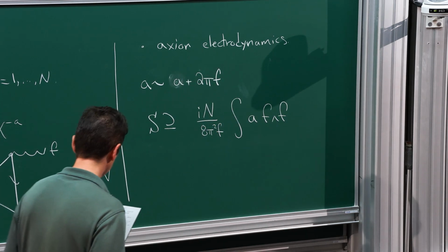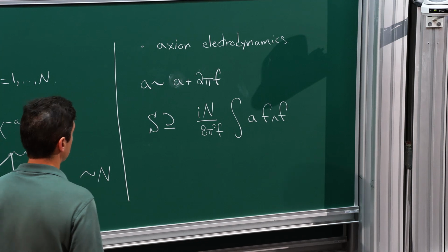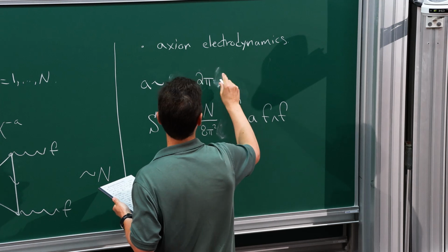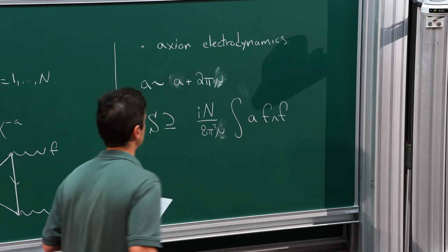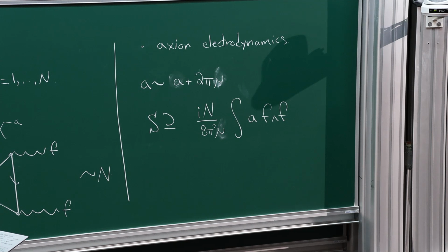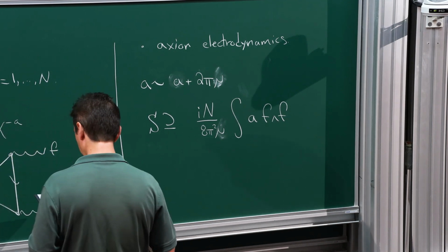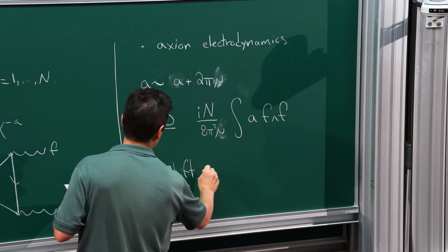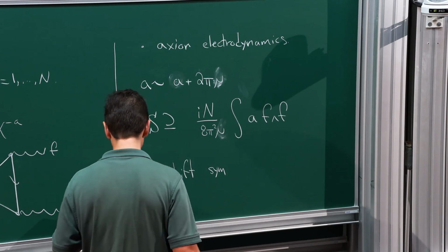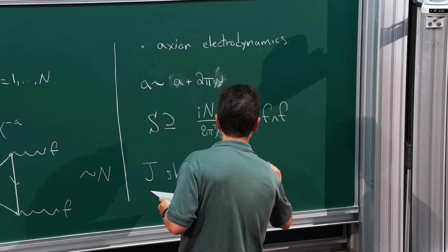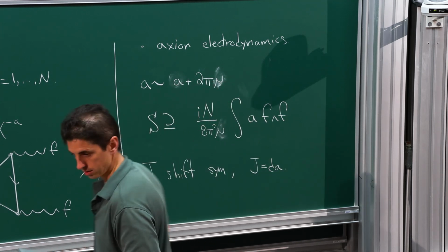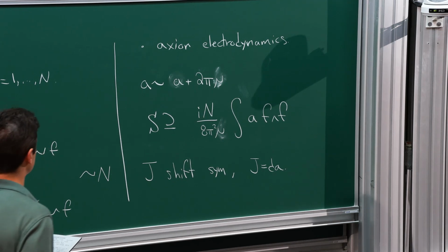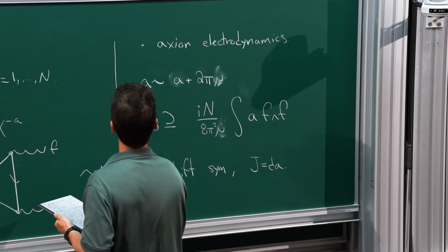Like that. Oh, sorry, thank you. Okay. Mu. Thanks very much. And J is the shift symmetry now. So the current J is d A. And it obeys the same equation with the same N. So those are two examples.